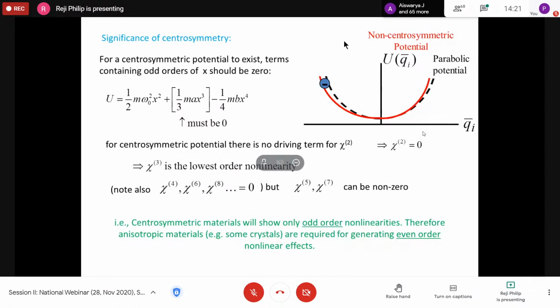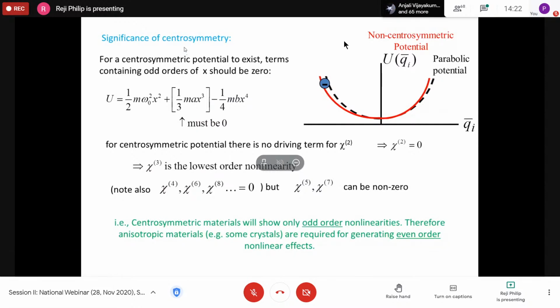But if you come to the negative side, then this is a negative term, so this gets subtracted from this term. Therefore, the total potential is a little less. That is how it becomes asymmetric.